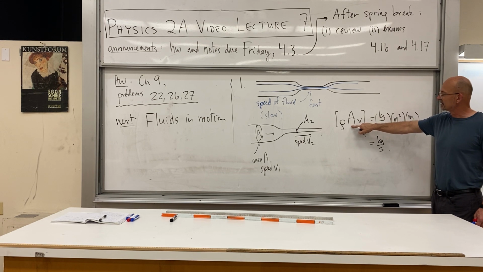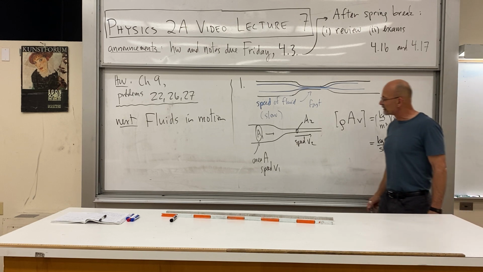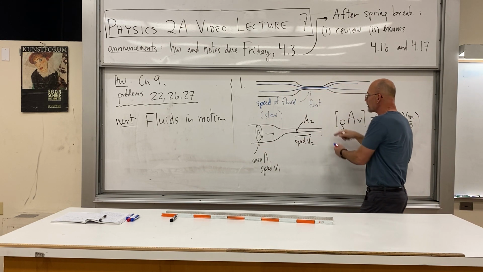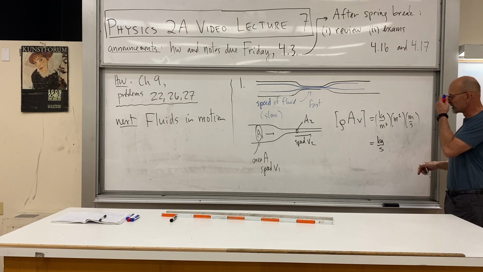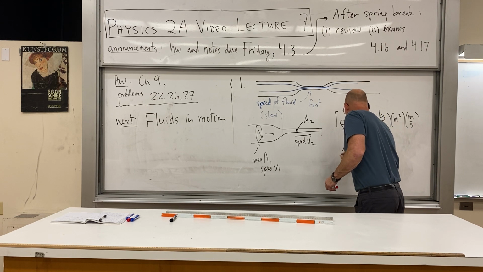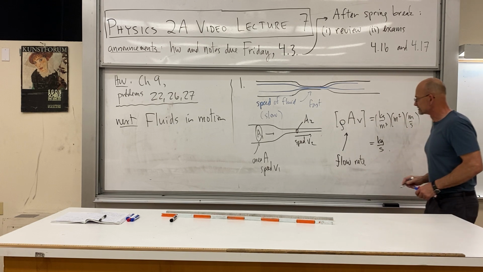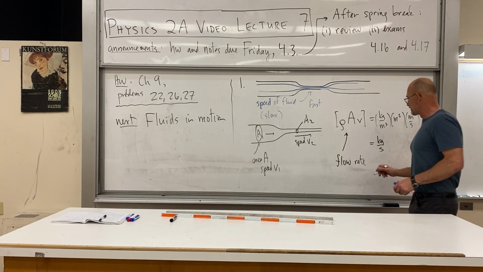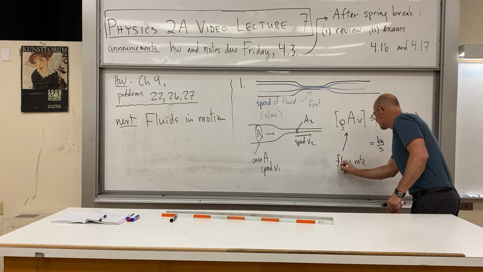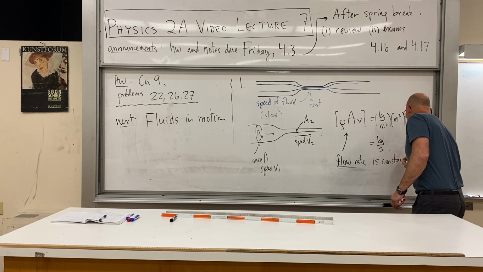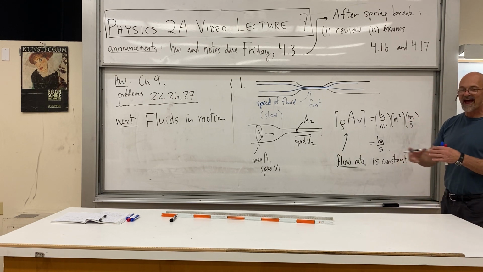A flow rate, and if the mass is conserved, then the flow rate has to be the same in the wide part and the small part. Okay. So the flow rate is the same. Let's go ahead and call this whole thing the flow rate. So the flow rate, which has been defined here, is constant through the constriction because the mass is conserved.